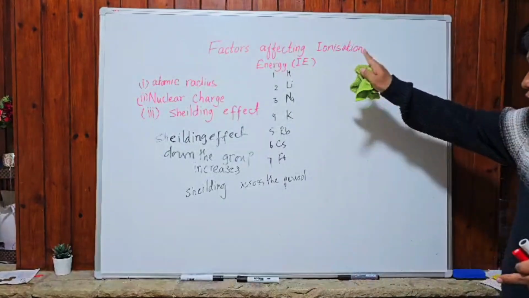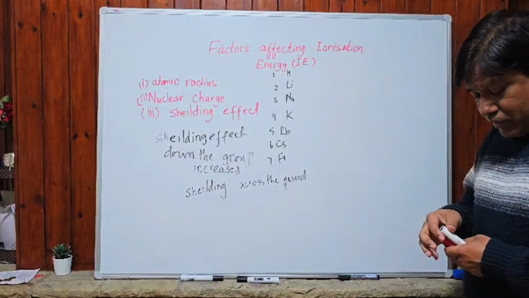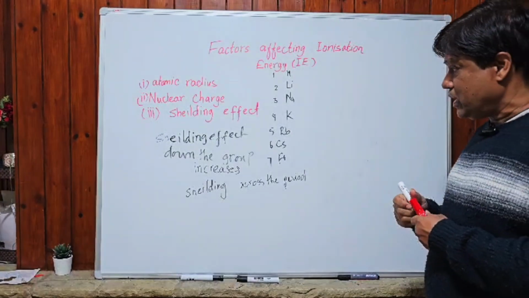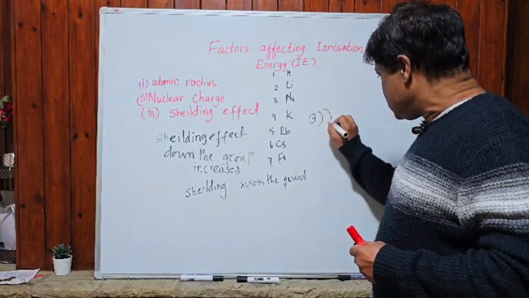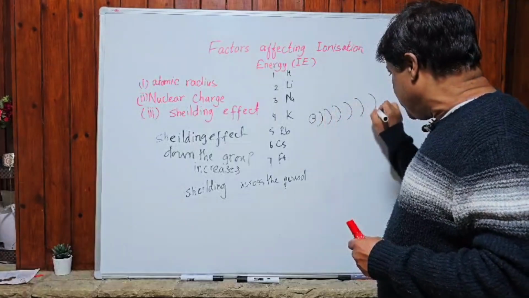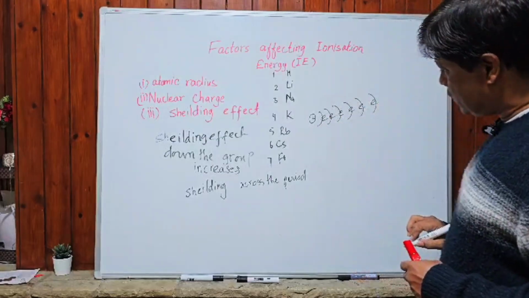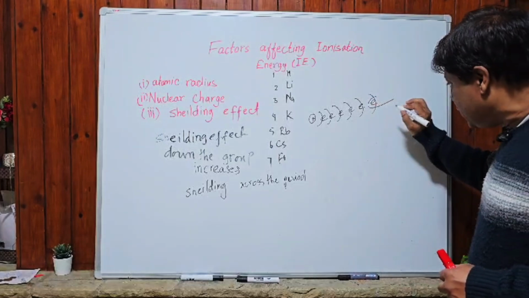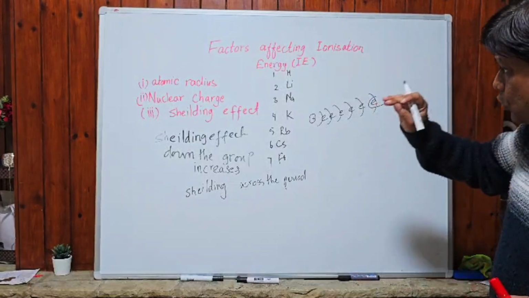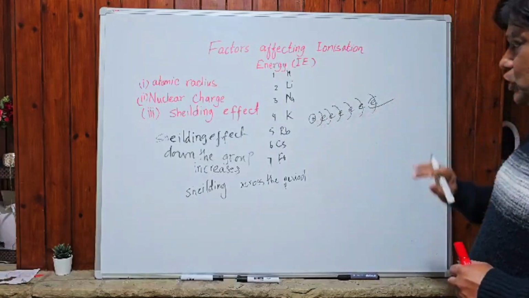Ionization energy is the amount of energy needed to remove the electron. What happens when we move down the group? Atomic radius increases. Size becomes bigger. Look at the size. So this electron can be easily removed by using less ionization energy because it is away from the nucleus.